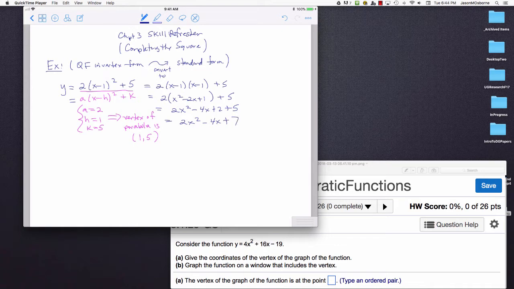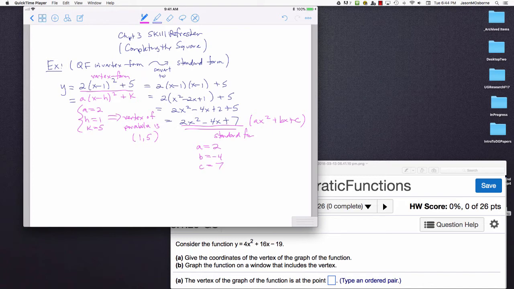So just by doing the algebra, you've converted something in vertex form to the standard form, which is the ax squared plus bx plus c form. So a is 2, b is negative 4, and c is equal to 7.